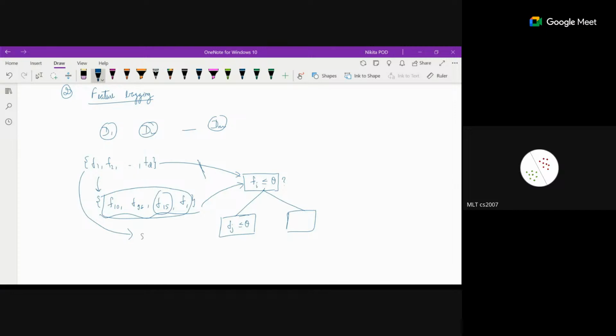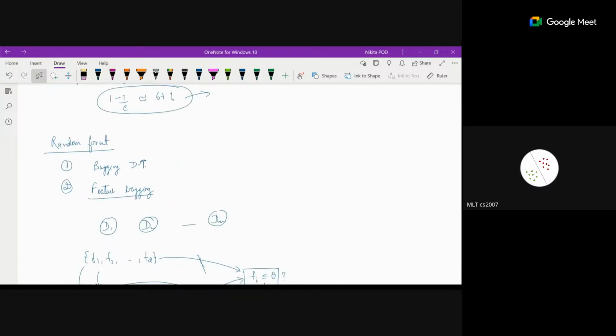So let's say for deciding the feature for this node, we take another subset, F2, F77, F9, F50. Now we will look at this set of features and ask the same question, and see which among these four features has the maximum information gain, and we'll pick that feature for our decision tree. So this is how we can do the feature bagging technique, right?